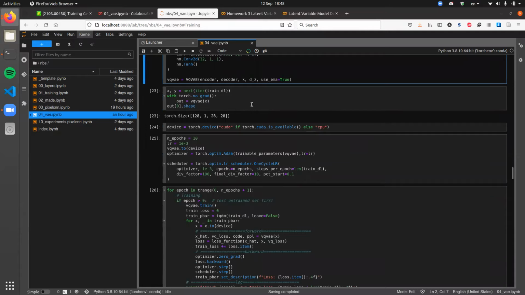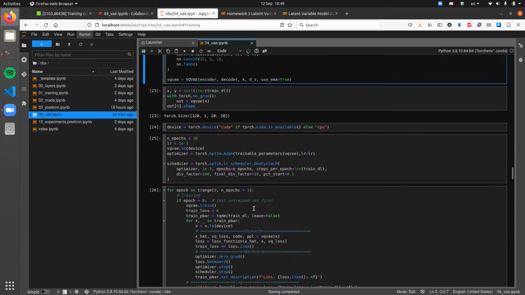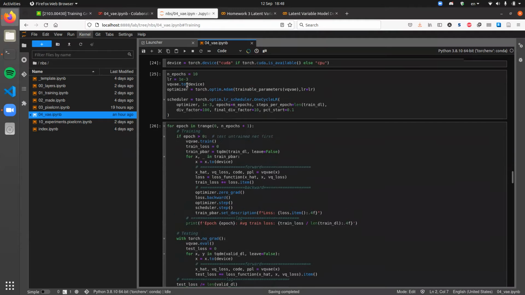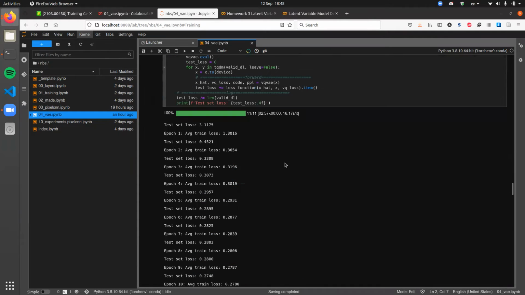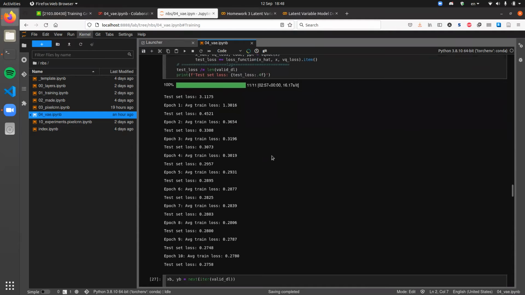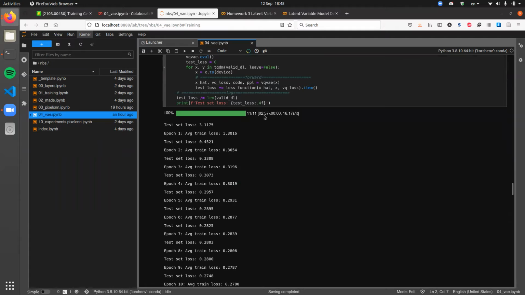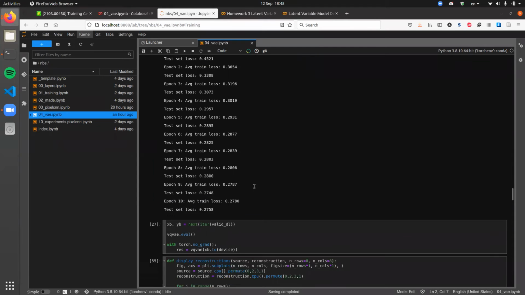Okay, and the training is straightforward. Here I just do 10 epochs of training, which takes about 3 minutes on my laptop, which does not have any powerful GPU.